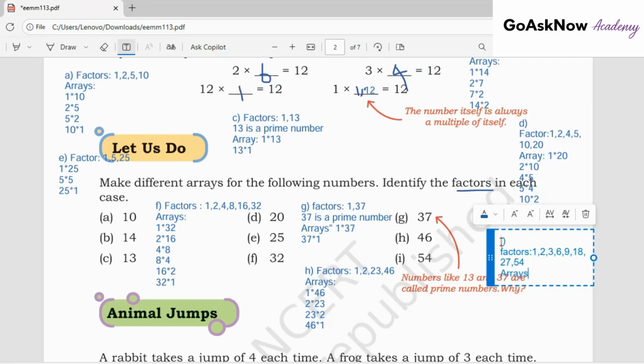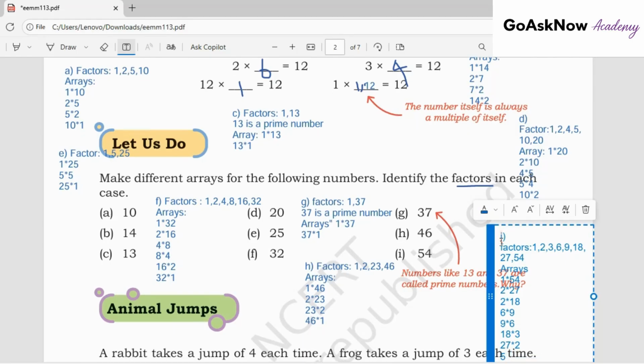The arrays are 1 into 54, 2 into 27, 3 into 18, 6 into 9, 9 into 6, 18 into 3, 27 into 2, 54 into 1. These are the factors of 54.